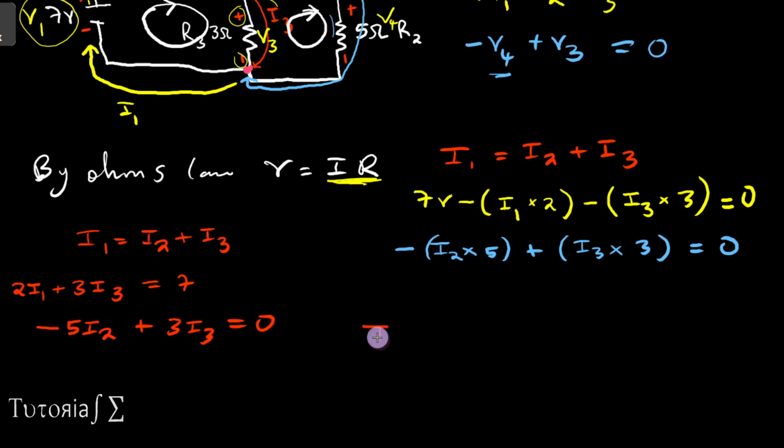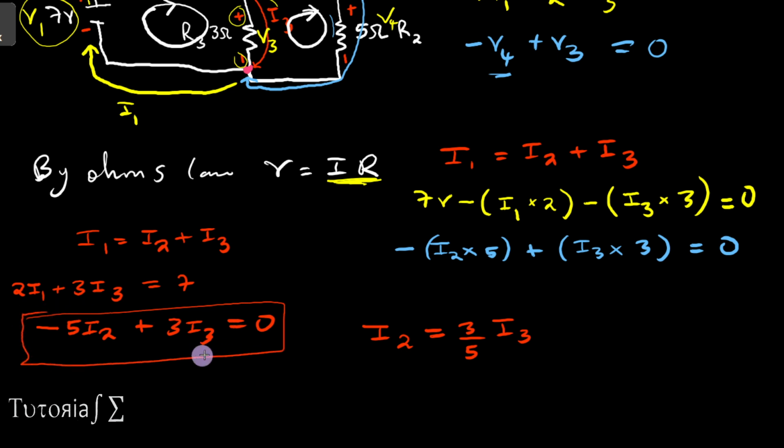You see that I2, when made subject of the formula, will be equal to 3 over 5 I3. Just take your time here. When this goes there, it will be negative divided by 5. So it will be this. Now we have made I2 subject here, which gives us this. Then now here, we can choose to replace I2 here.